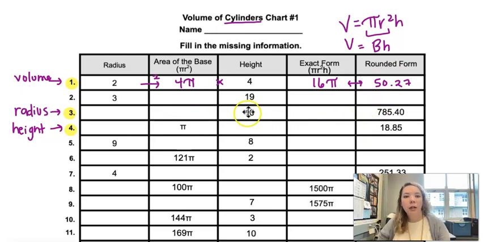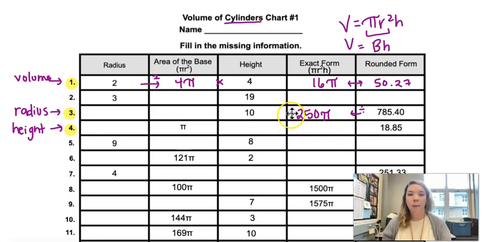Okay, so if I want to go the other direction, let's say 3, I need to divide by pi, 785.40, divided by pi is going to round to 250, so 250 pi. Okay, so you're rounding to the nearest whole number here.